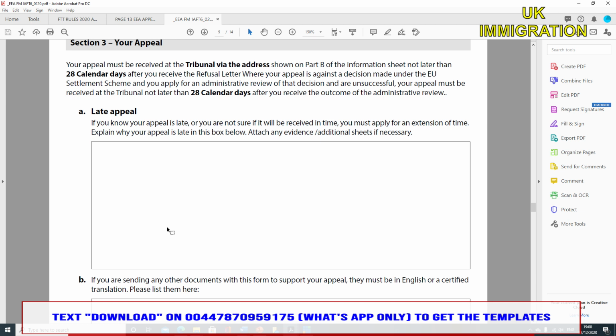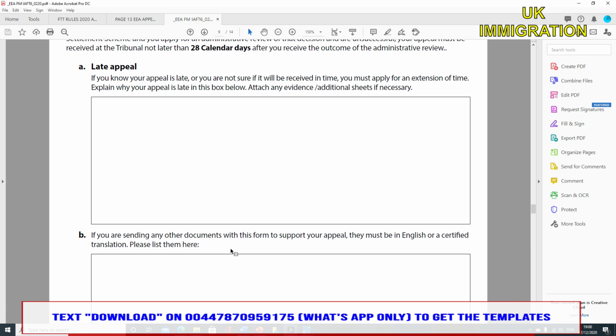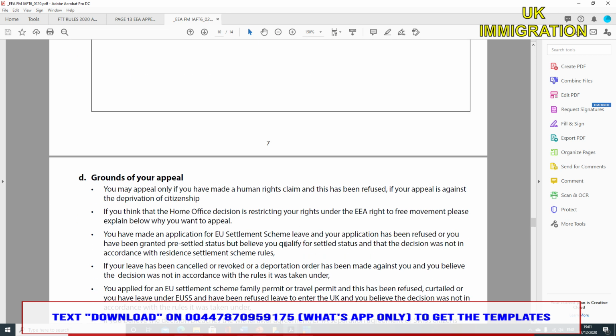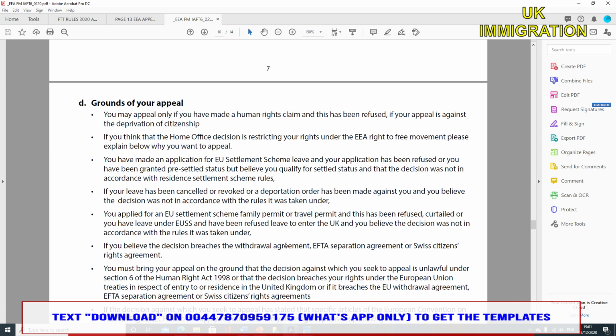Sometimes people can enclose their medical notes or notes from their GP that they were not feeling well. Sometimes people can mention if they have not received their refusal letter in time, so that's why this was filed at a late stage. After this, when you go ahead, on the next page the grounds of appeal will come.